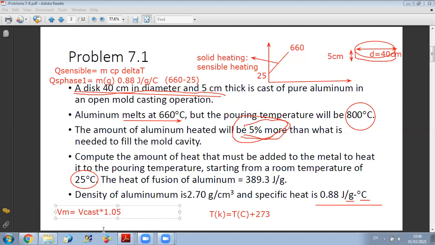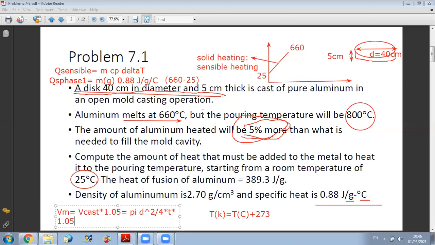Now, what is the volume of the final casting? It is pi times d square over 4 times the thickness. This is the volume of the final casting part times 1.05.